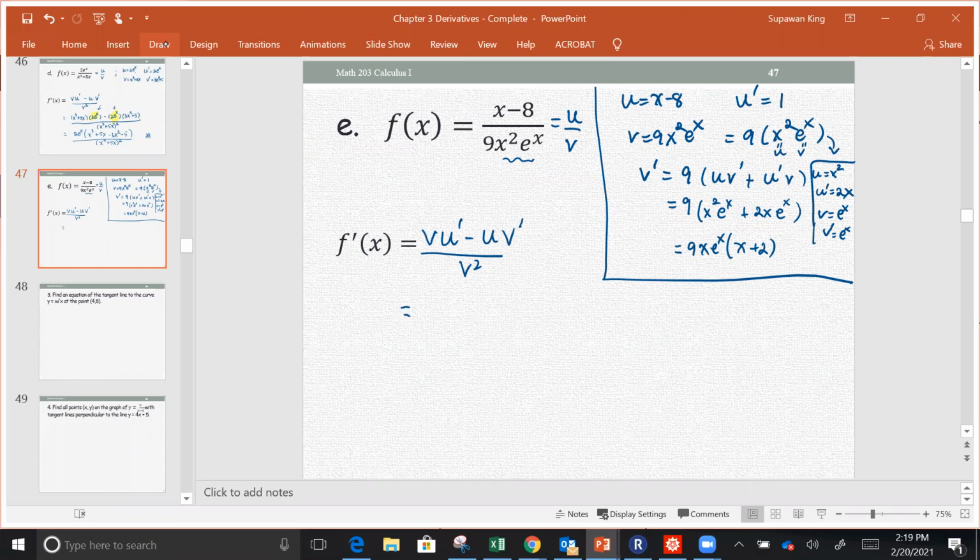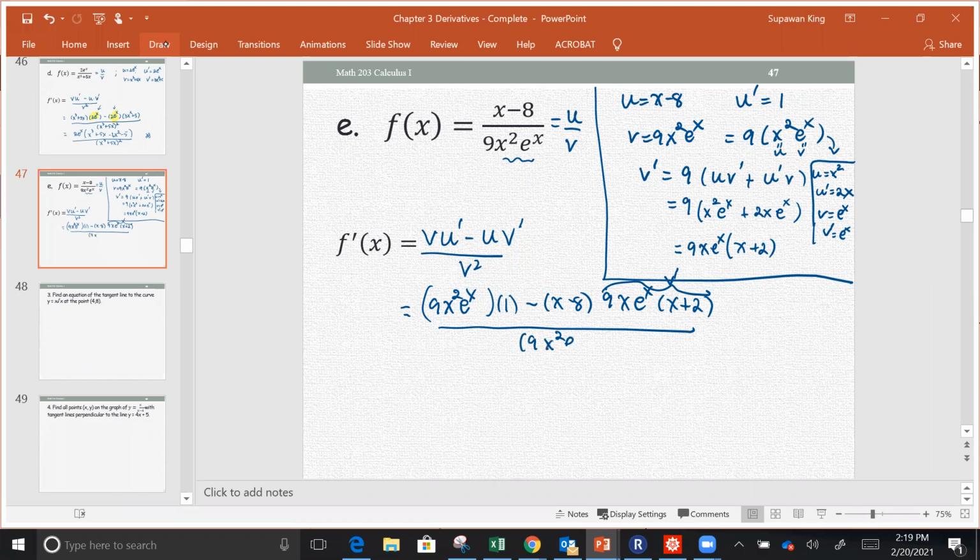The v, which is 9x squared e to the x, multiplied by the u prime, which is 1, subtracted by the u, or the x minus 8, multiplied by v prime, which is 9x e to the x multiplied by x plus 2, all divided by the v squared, which is 9x squared e to the x, all raised to the second power.